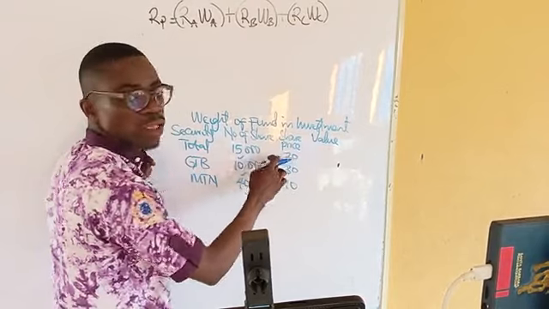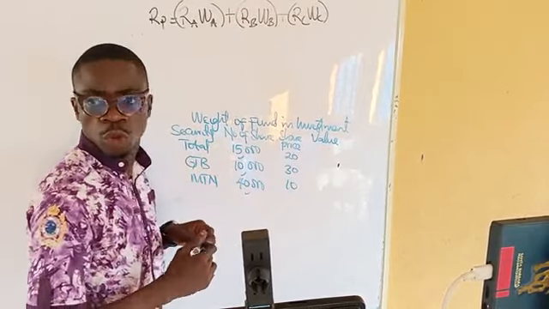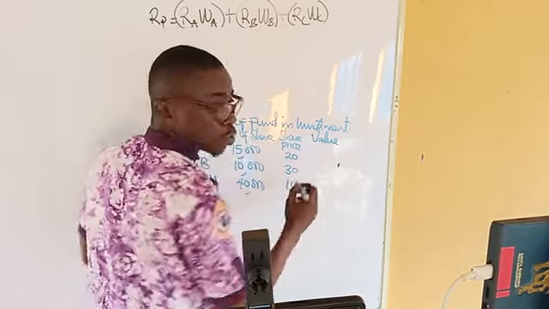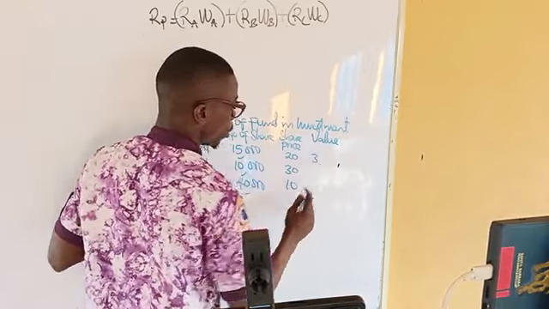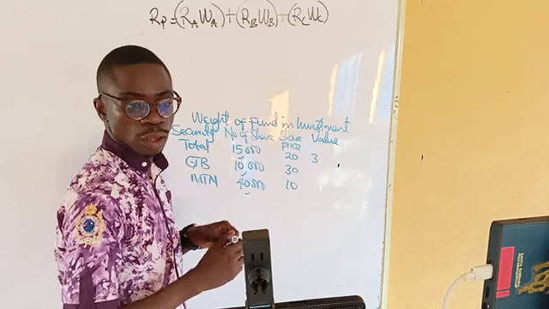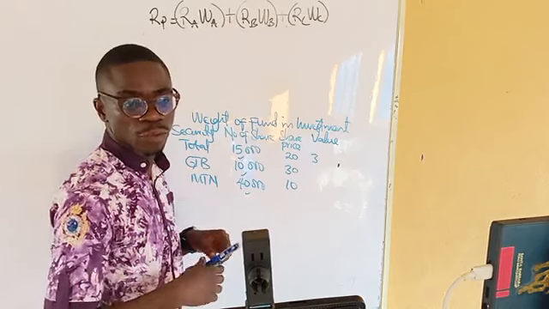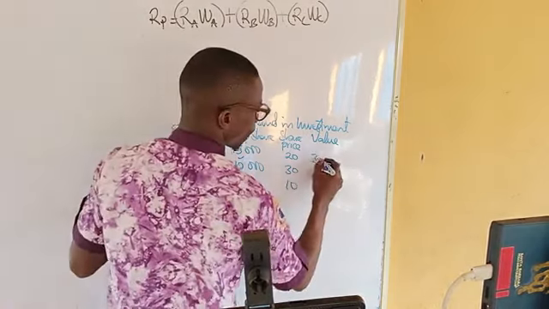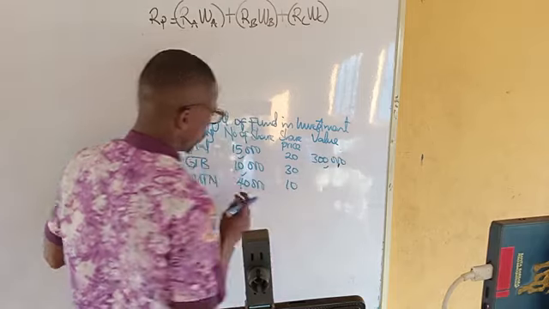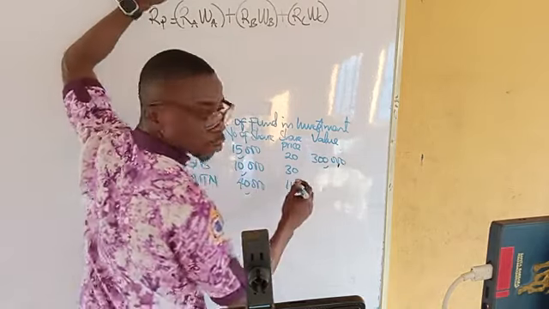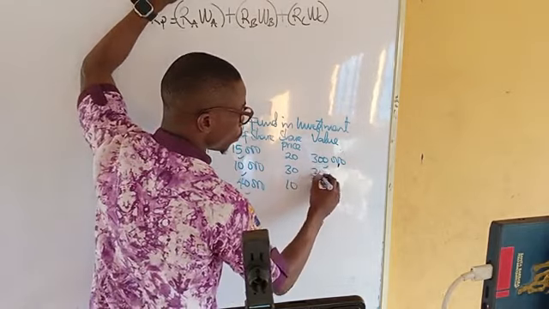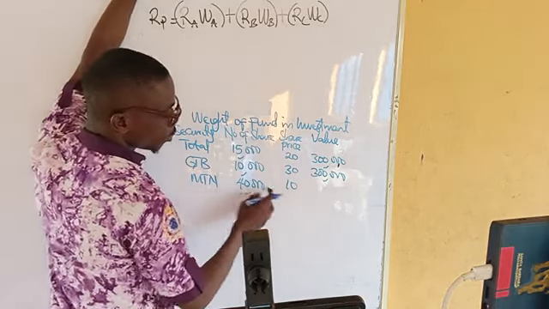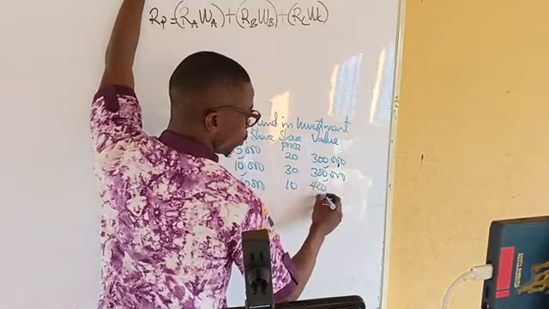It's not like the other one now. 15,000 times 20, that's 300,000. 10,000 times 30 will give us 300,000 also. 40,000 times 10 will give us 400,000.